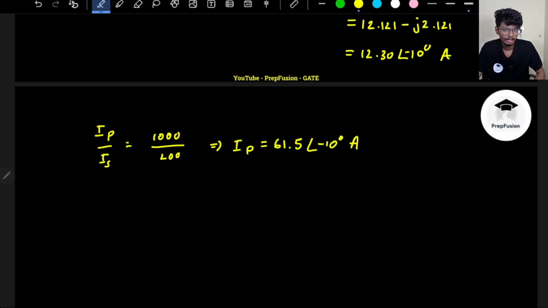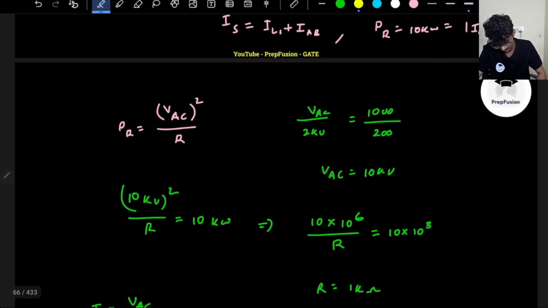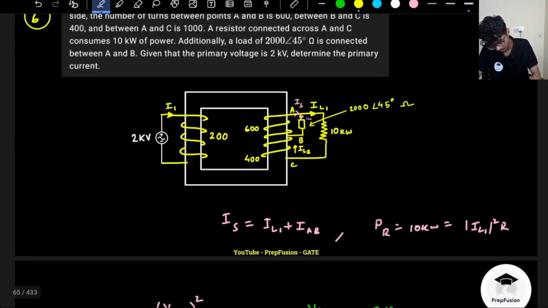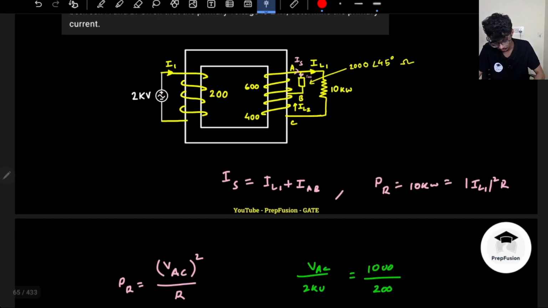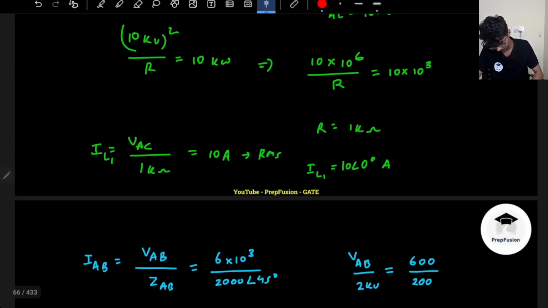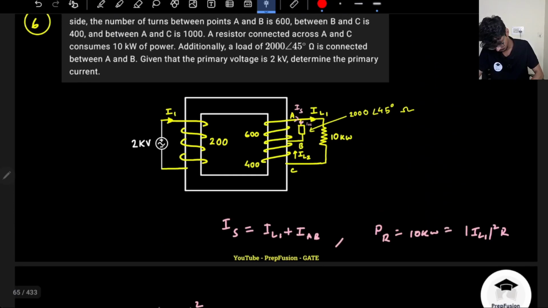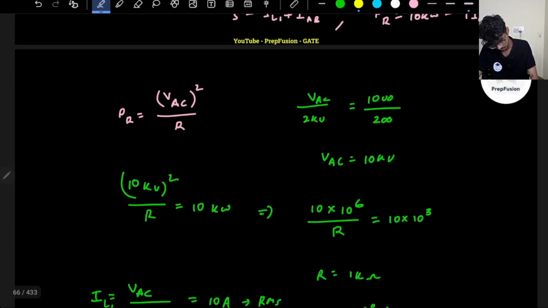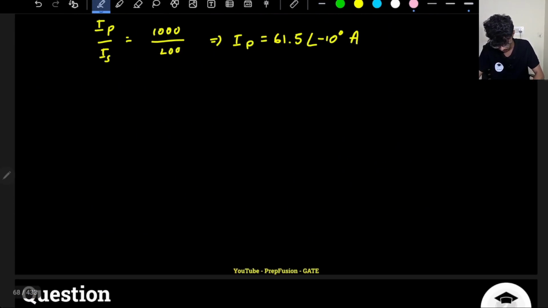Okay. Now, let's say we would have wanted to solve it differently, what we could have done, we could have directly referred this to the primary. So this was method 1. Let's go into method 2.